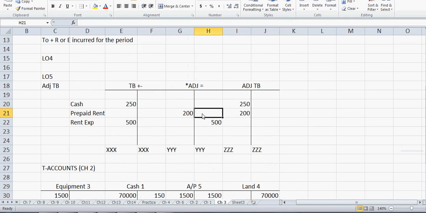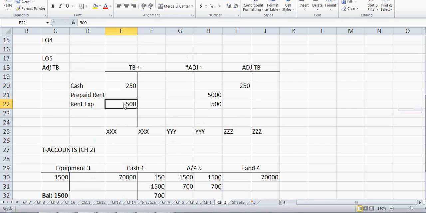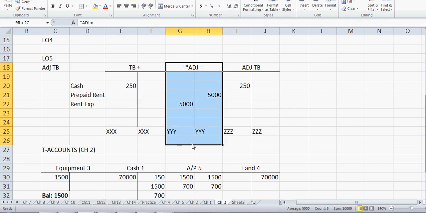So we should do $5,000 on the right for prepaid rent, and my rent expense is $5,000 on the left. So these 2 will go under my adjusting column.